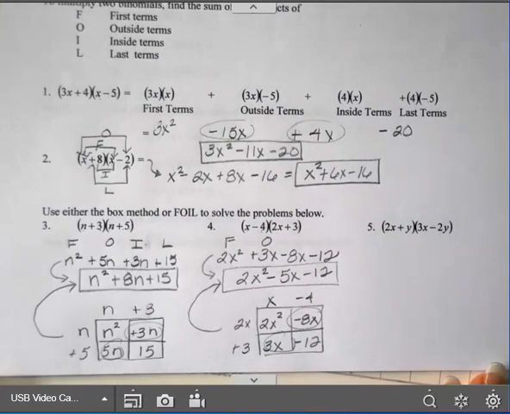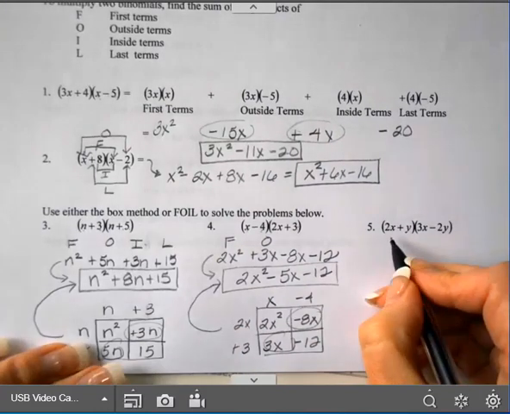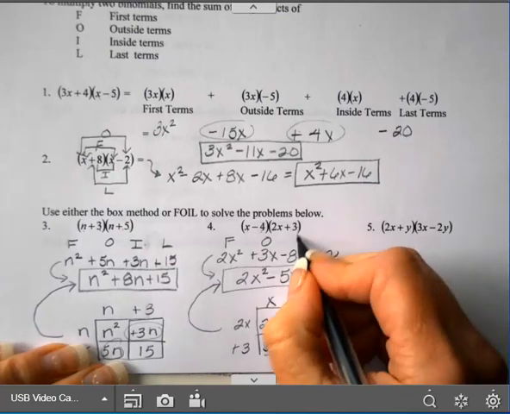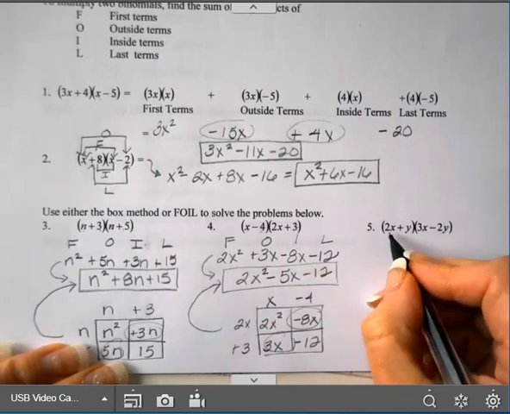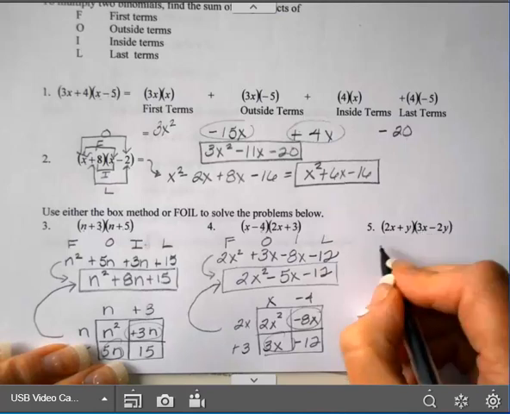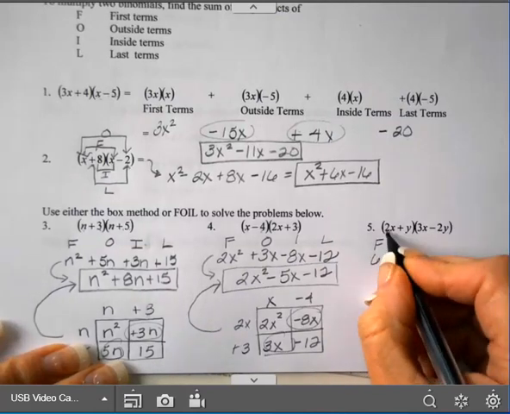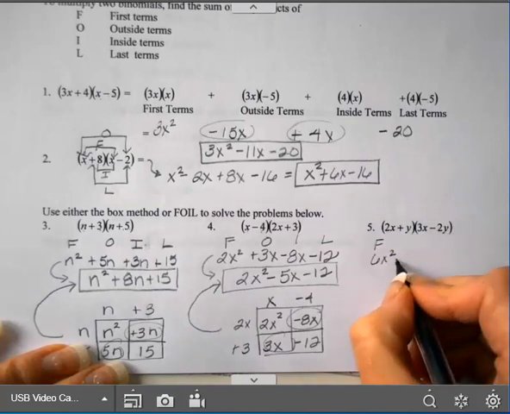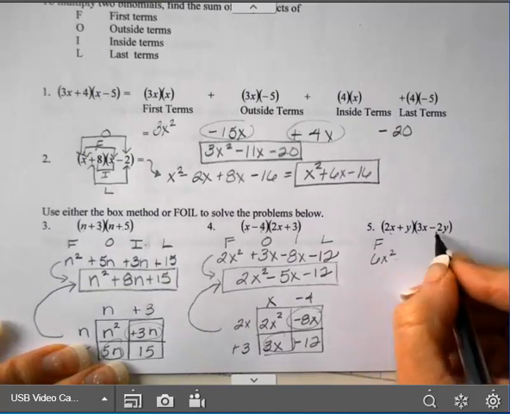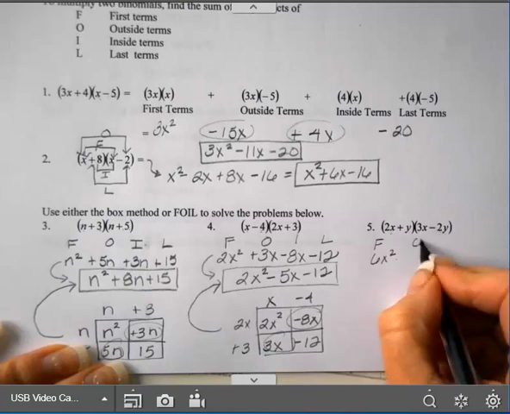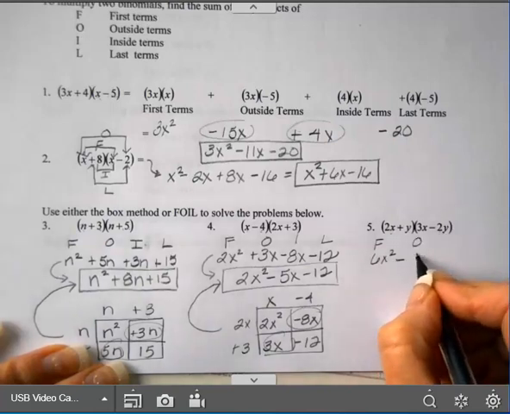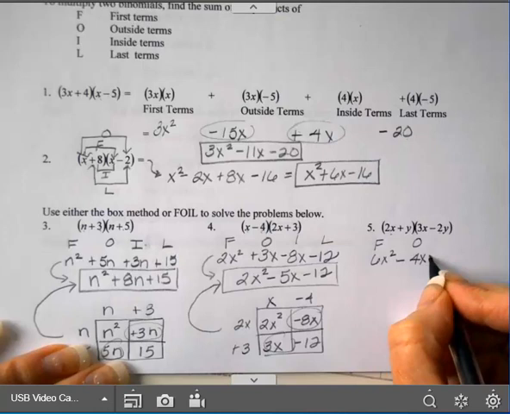On this last example, we'll do both methods. It doesn't take that long. So first is 2x times 3x. That's 6x squared. Outside is 2x times negative 2y, so that's going to be negative 4xy.